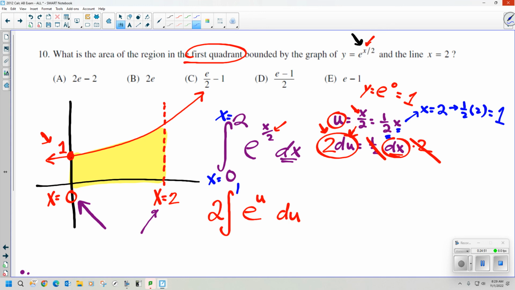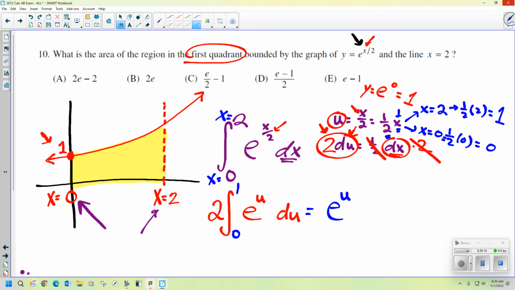All right? If my lower bound is x equals 0, so now we're going to plug a 0 in here. 1/2 times 0 is still 0. That's still my lower bound, okay? Basic rules. The derivative of e to the u is e to the u. The integration of e to the u is e to the u.